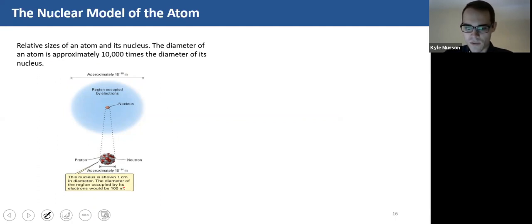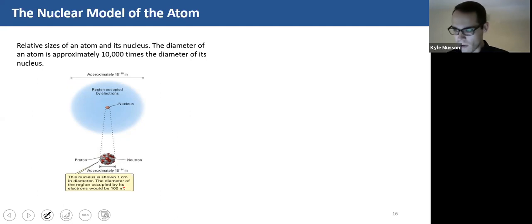The nucleus is made up of protons and neutrons. If this nucleus is 1 centimeter in diameter, let's imagine, that means the diameter of the region occupied by its electrons would be 100 meters. That's really long, to put it in scale for us.